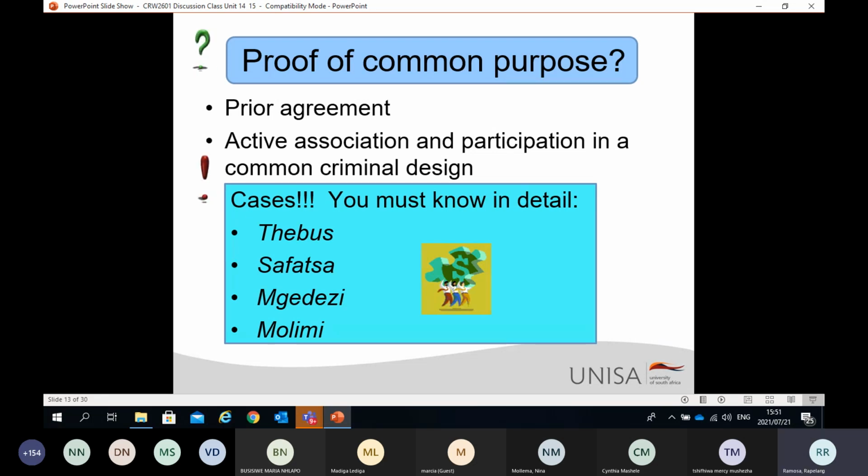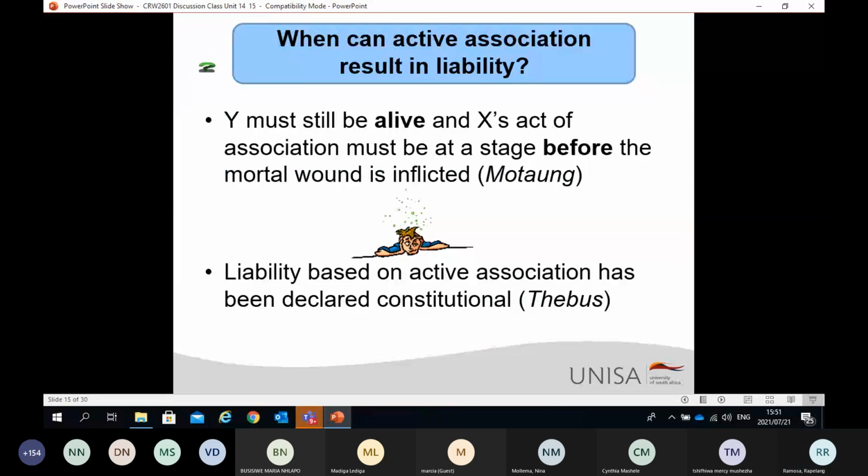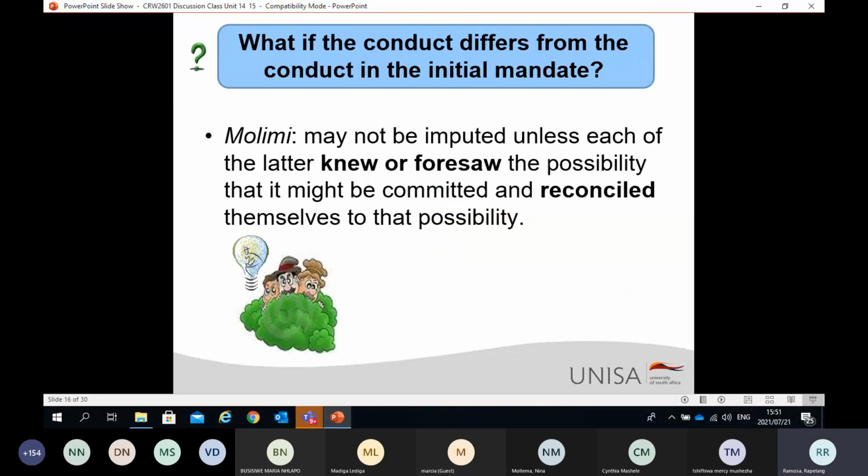Now in Mulimi, the principle was given that if the conduct of one member of the group differs from the conduct that was envisaged or planned as part of the mandate, then that conduct may not be imputed on that particular individual unless each foresaw or knew that the death would occur and reconciled themselves with that possibility.